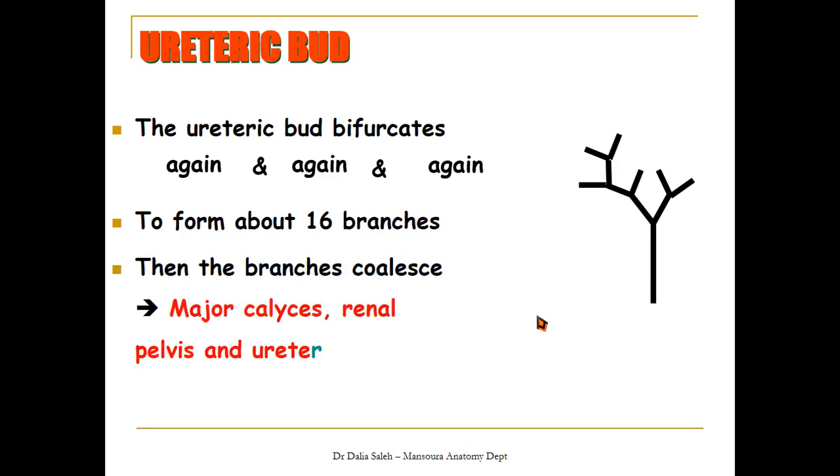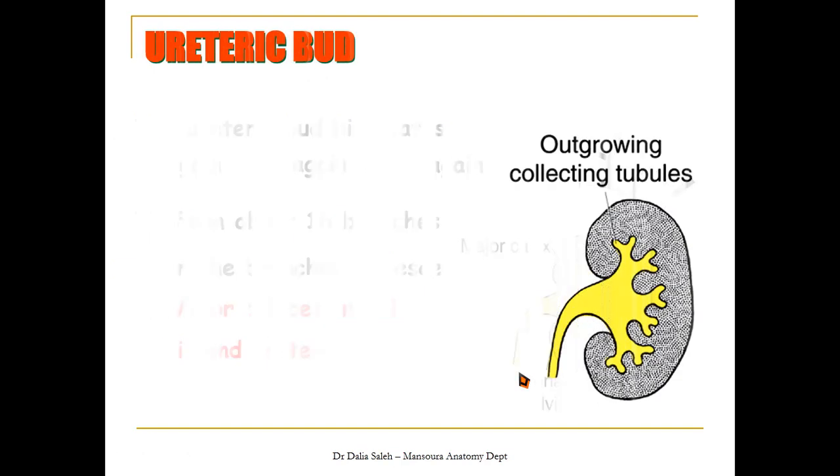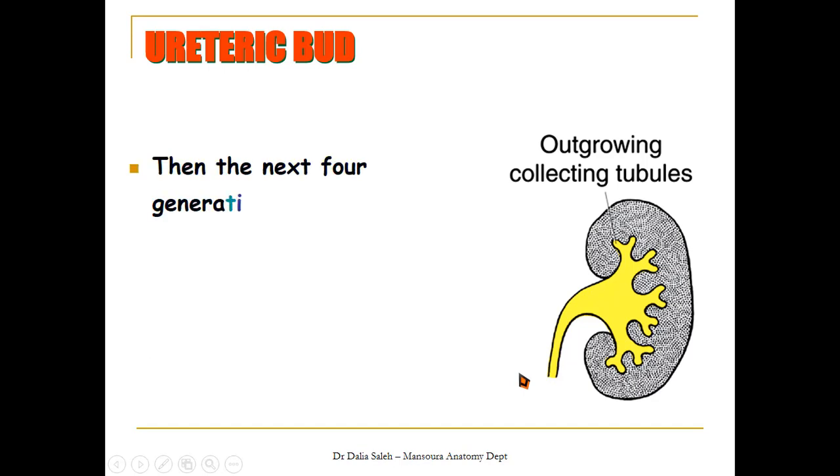Then the branches coalesce to form the major calyces, the renal pelvis, and the ureter. Then the next 4 generations, or the next 4 bifurcations of the ureteric bud, will coalesce again to form the minor calyces.